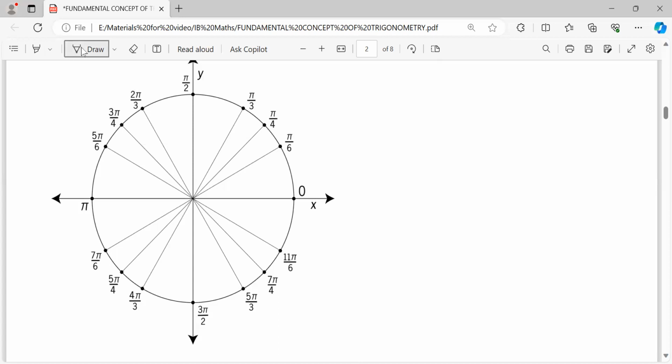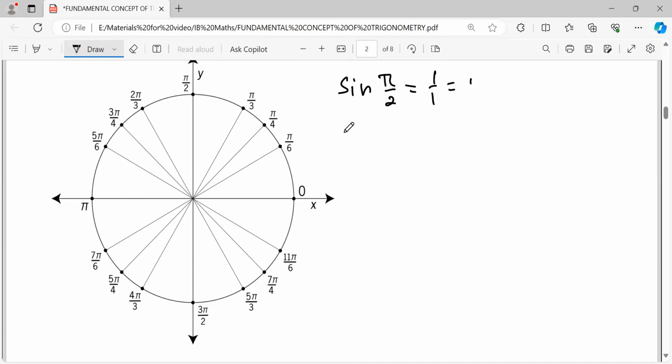But for pi over 2, sine pi over 2 or sine 90 equals 1. Okay, 1 over 1 is 1.